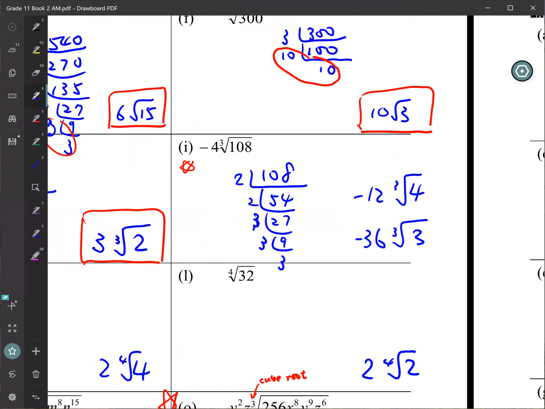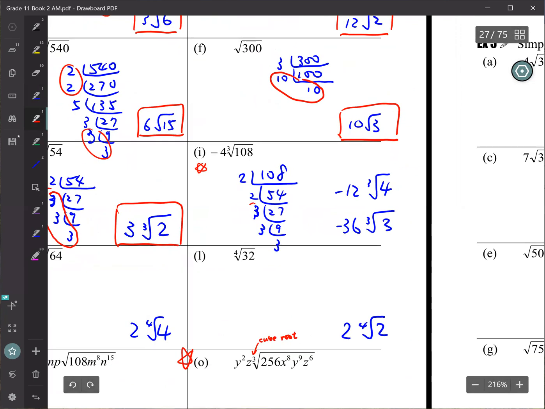With the 4. So this 3 is with the cube root. So you need a triplet. Okay, so the only triplet we have is the 3. So 3 will go out and meet the -4. So it should be -12 on the outside and 4 stays in.